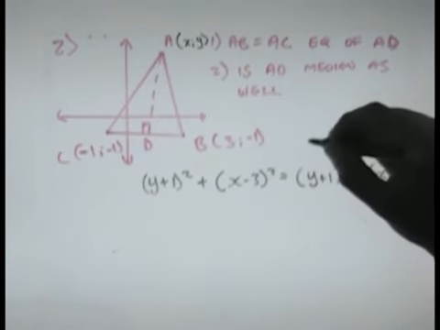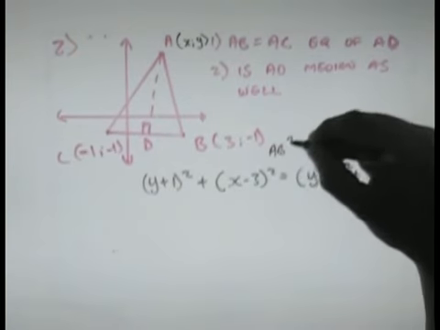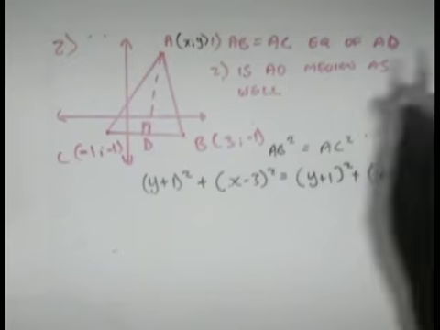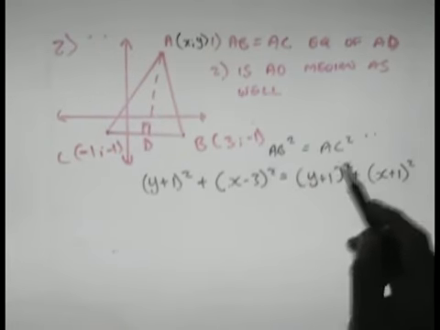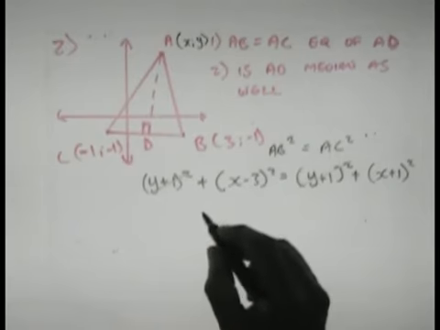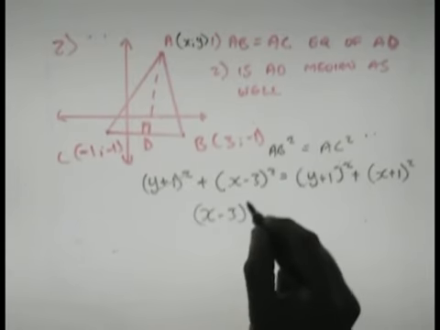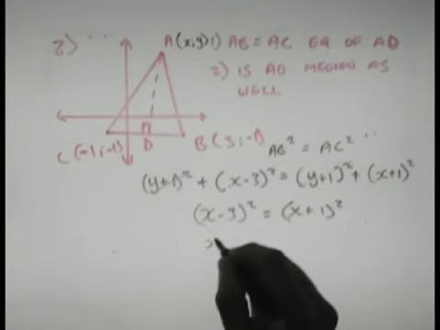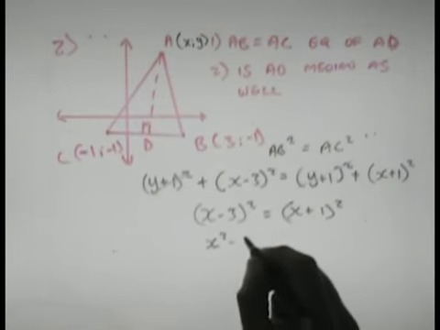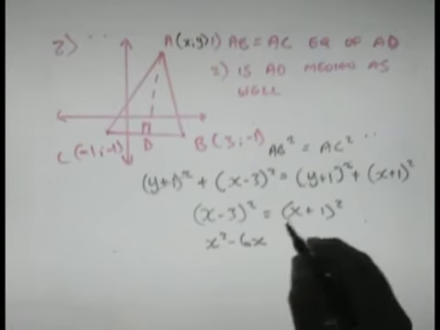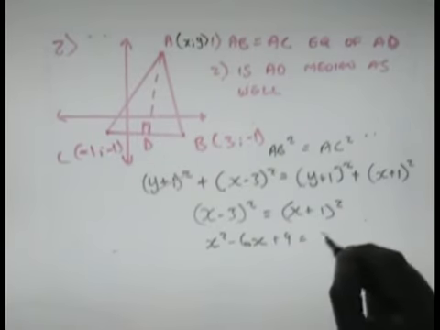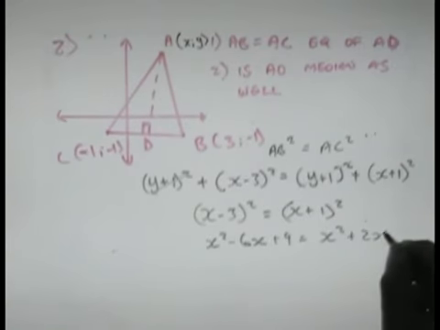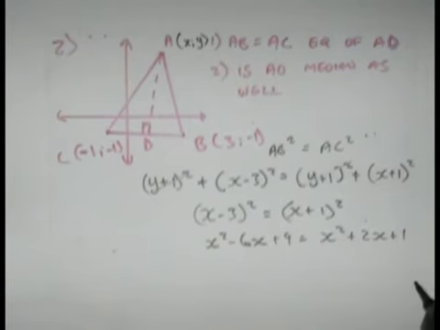All I've done there is said that AB squared is equal to AC squared. Y plus 1 squared on both sides are going to cancel each other out. That means that x minus 3 squared is equal to x plus 1 squared. That means that x squared minus 6x plus 9 is equal to x squared plus 2x plus 1.